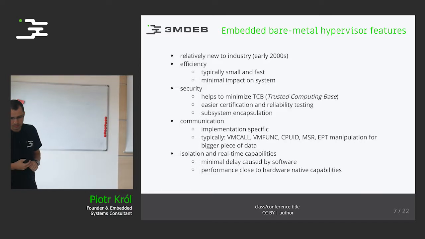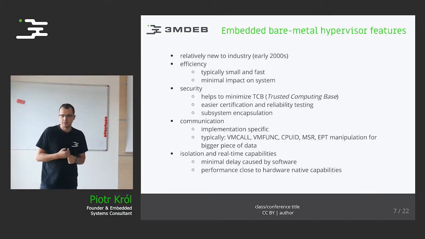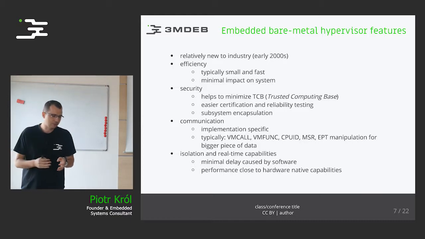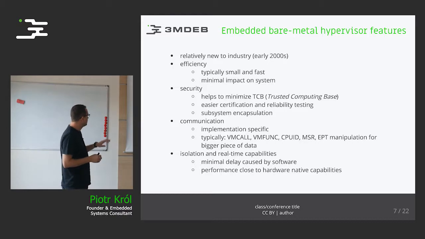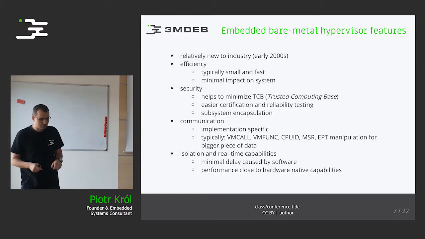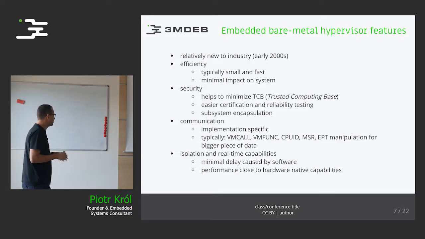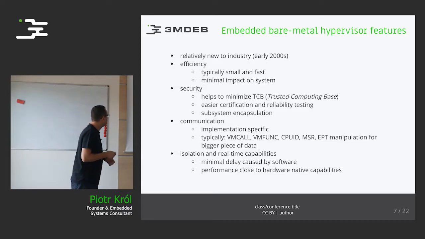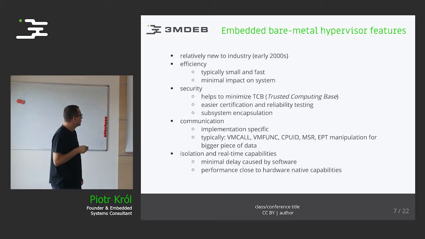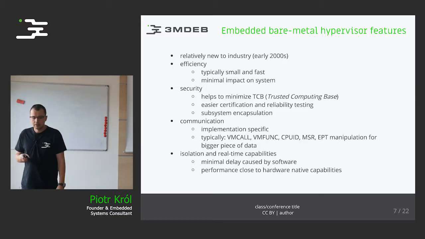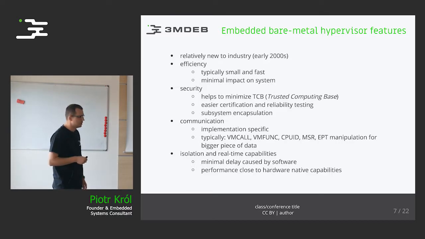Okay, so what's behind embedded hypervisors and how are they different from regular hypervisors in cloud? Some of these features are common for both cloud-used hypervisors and embedded hypervisors, but first of all, it's important to know that embedded hypervisors are quite new, and first use is noted around early 2000.